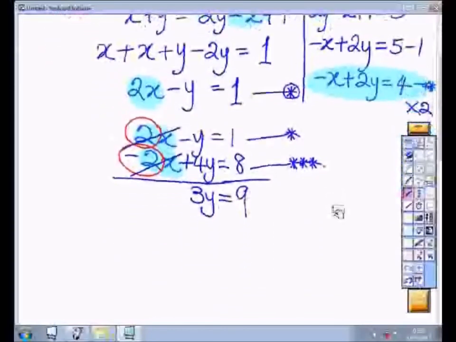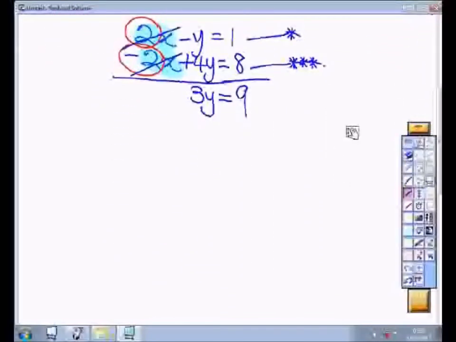So we have 3y is equal to 9, dividing both sides by 3 in order to isolate y gives us y being equal to 3 here 1, 3 here 3. So y is equal to 3. So that's our first variable that we are getting.